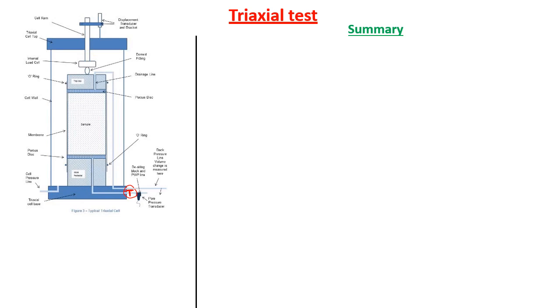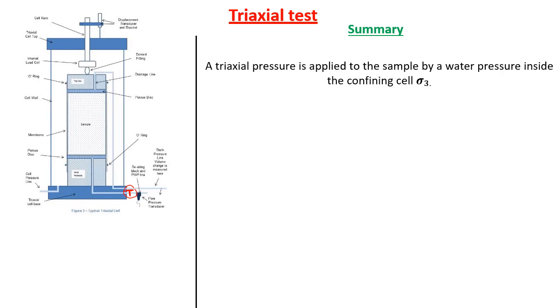So let's take a quick idea of the triaxial test. First of all, let's assume that we have a soil sample here. The soil sample is saturated with water and is surrounded by a rubber membrane.